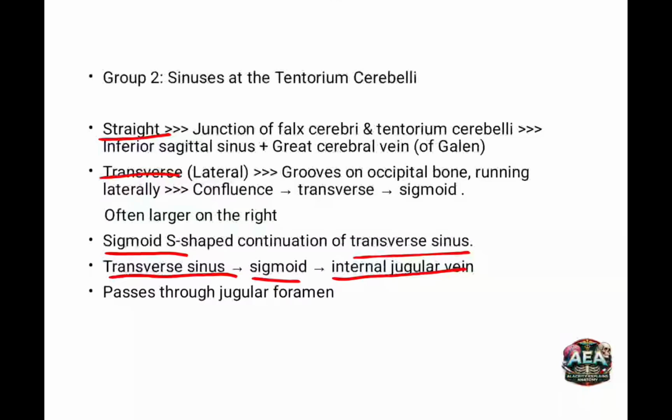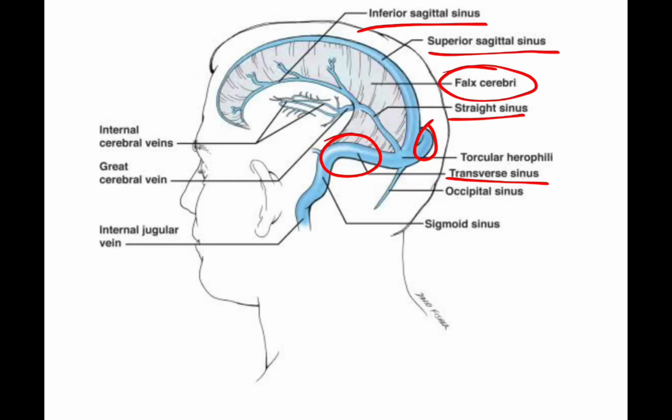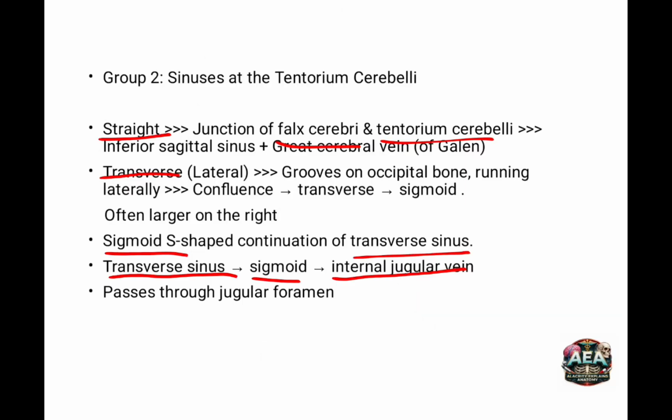From the image you see that the straight sinus is located at the junction of the falx cerebri and the tentorium cerebelli. We have the transverse sinus, which I said is on the right side and the left side, so there are two.